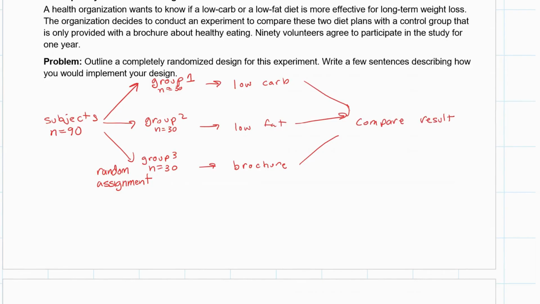Well, I think the easiest way to do assignment is I'm going to put the 90 names on identical slips of paper.